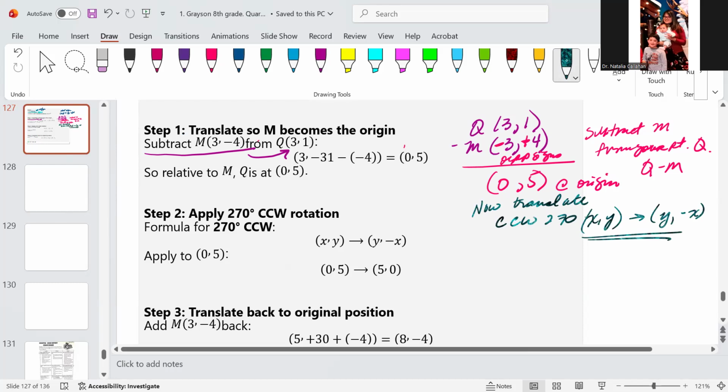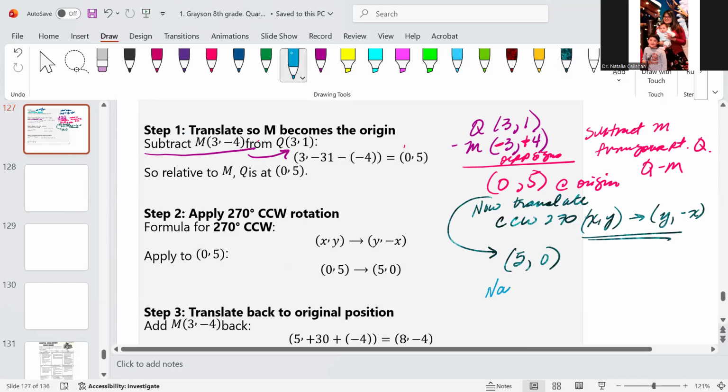We couldn't do that because we had M. So you just take Q and then minus the M. Q is the point you're using. M is the point that you're rotating from. So now that you have this, we're going to rotate it, which then becomes 5, comma, 0, correct? But that's not our answer.